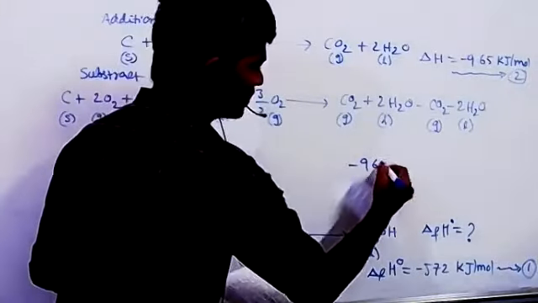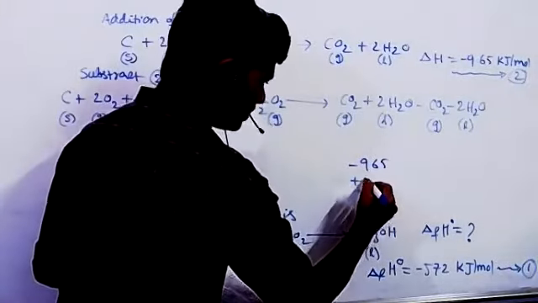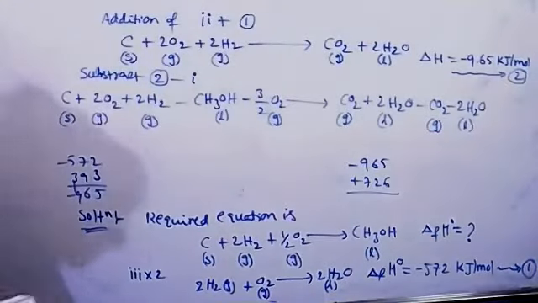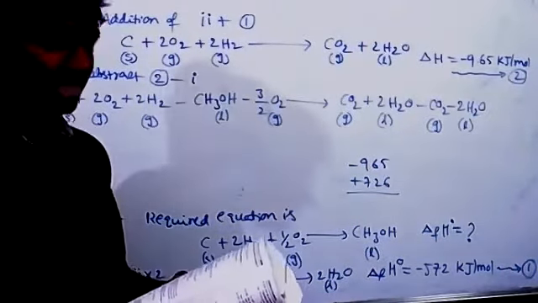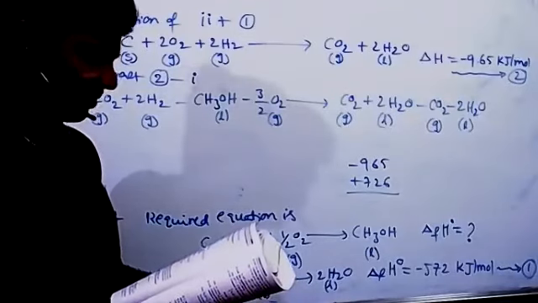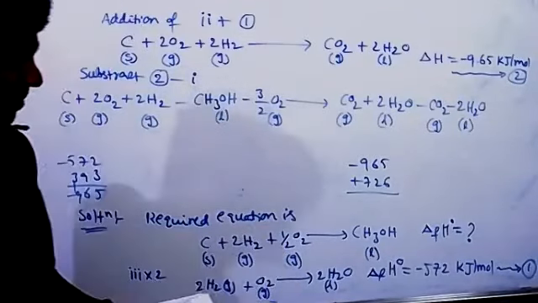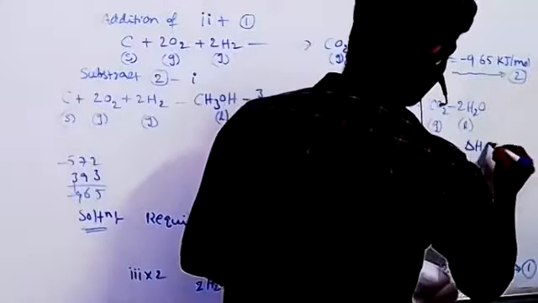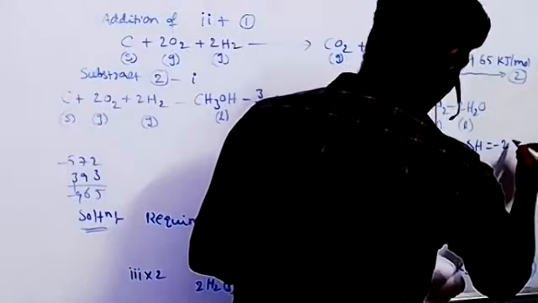Minus 965 minus of minus plus 726. How much? 239. Yeah, that's correct. It comes to minus 239.